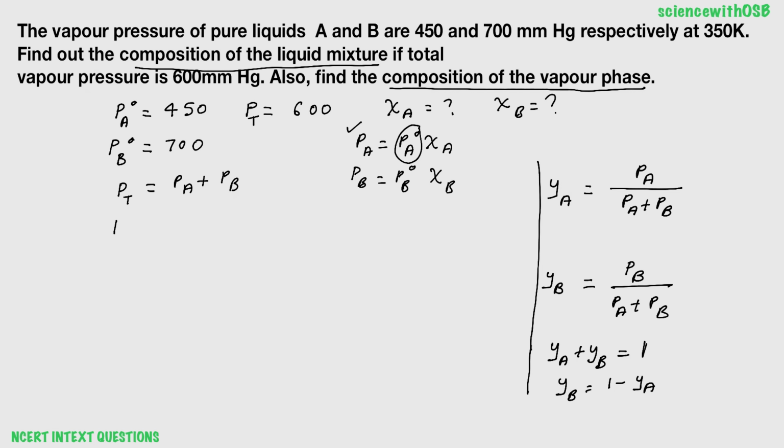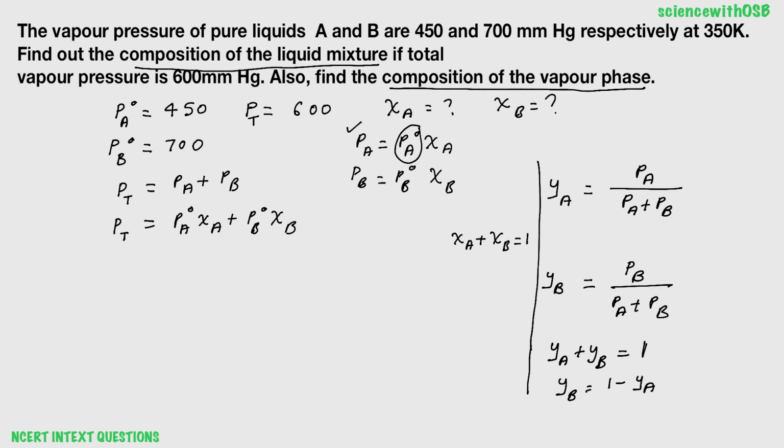Substituting the values of PA and PB, the equation becomes what? PT is equal to PA standard chi A plus PB standard chi B, right? Now, we know chi A plus chi B is equal to 1. Some of your teachers may be saying x. Xa plus xb, both are same.